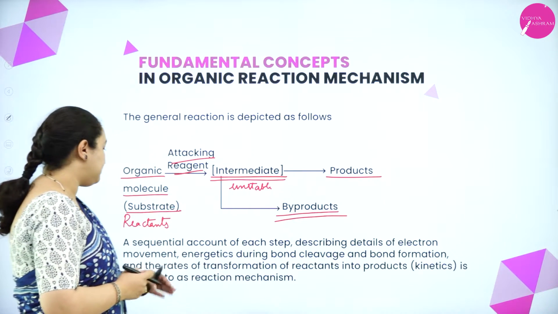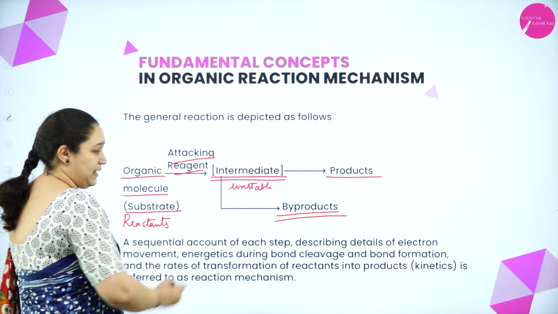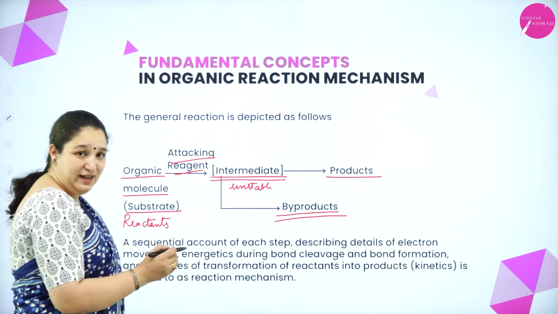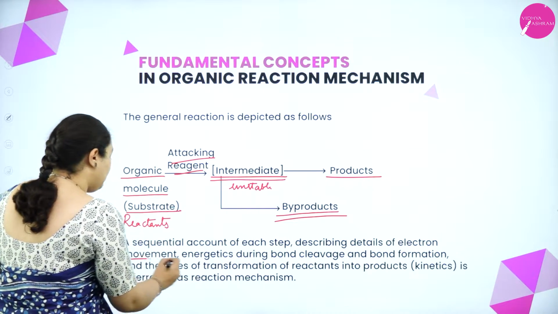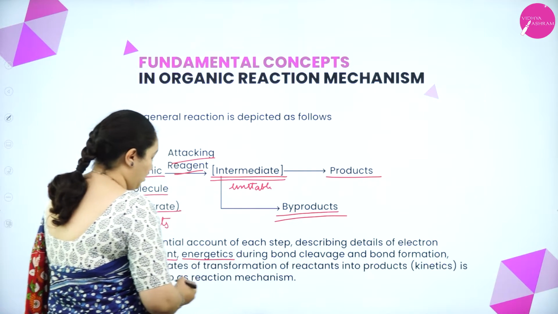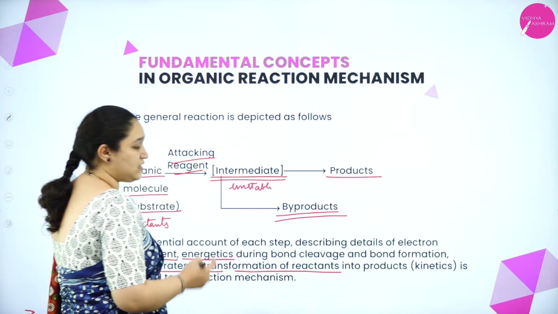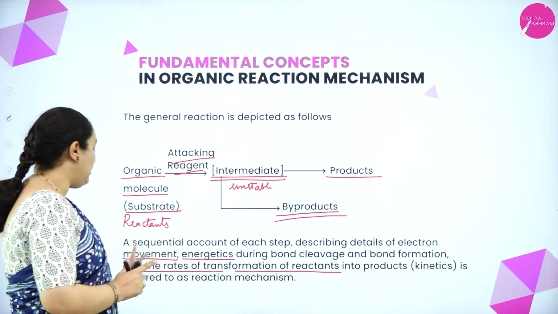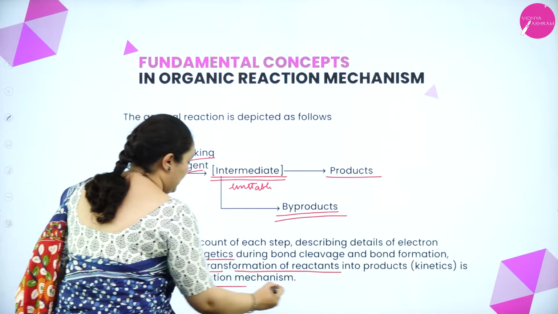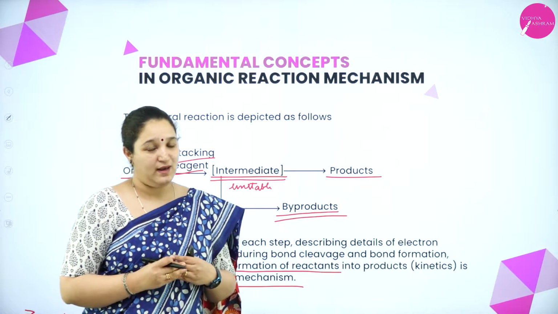Now here, the sequential account of each step describing details of electron movement, energetics during the bond cleavage and bond formation, and the rate of transformation of the reactants into products is referred to as reaction mechanism. So in a reaction mechanism, what are we explaining?